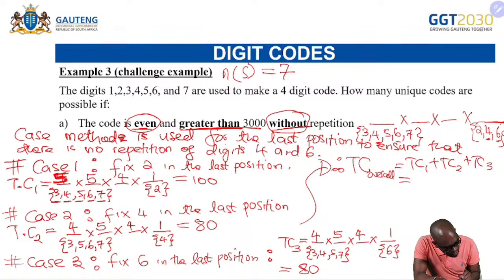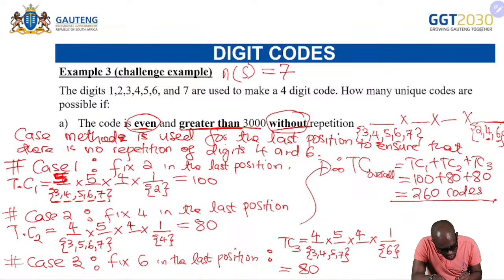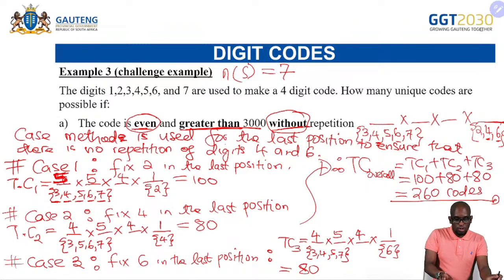This will simplify to 100 plus 80 plus 80. This is 100 plus 160, which simplifies to 260 codes. So that is how you are going to solve this level 4 question.